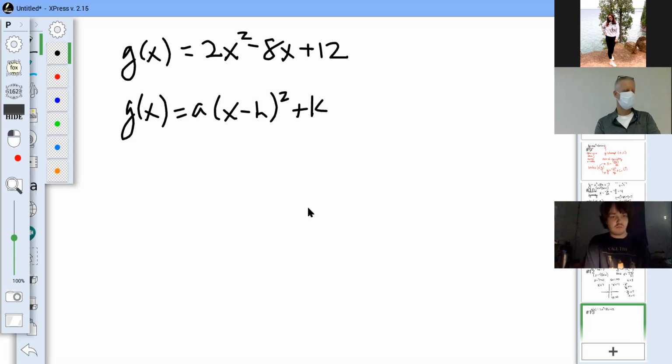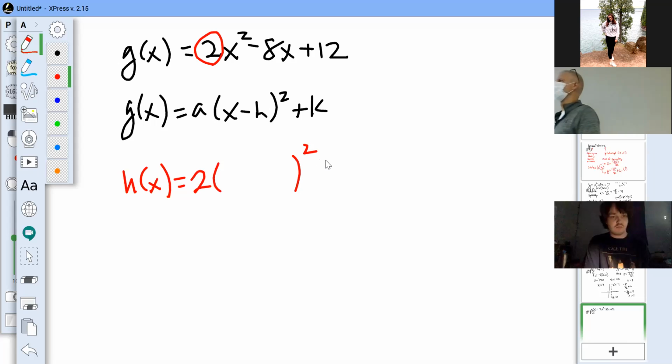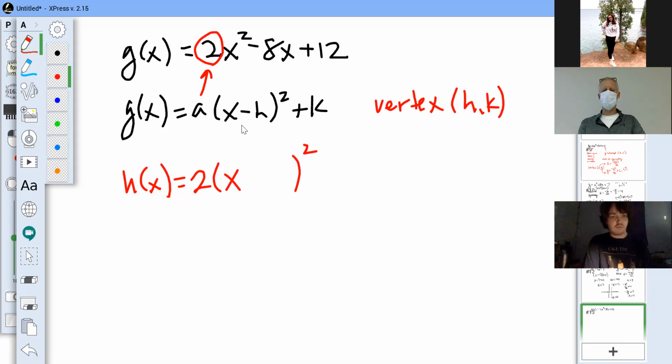So simple. First of all, we already know, I'll do it in a different color, I'll call it H. We already know A is 2. A is A. I find the vertex, that's H and K. I find the vertex, I just got to plug it in.